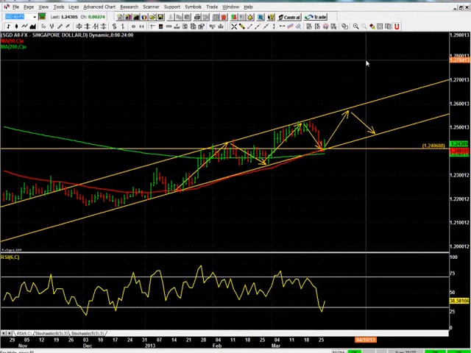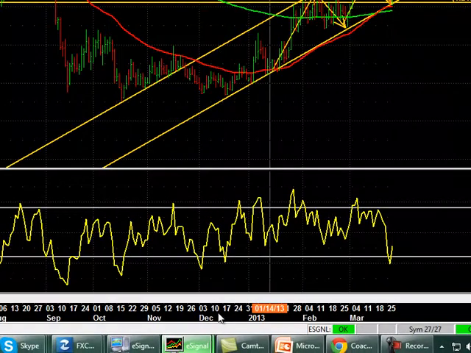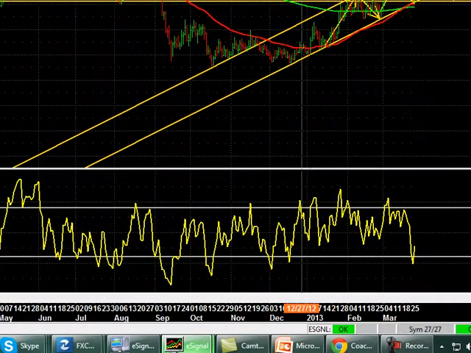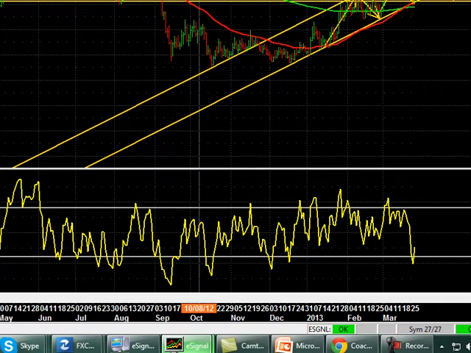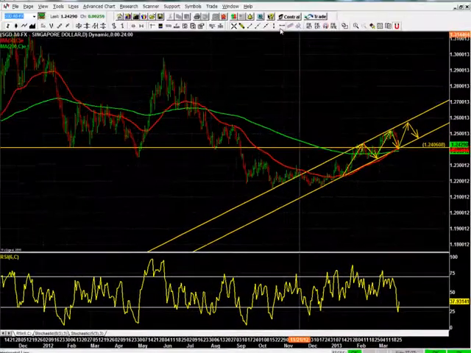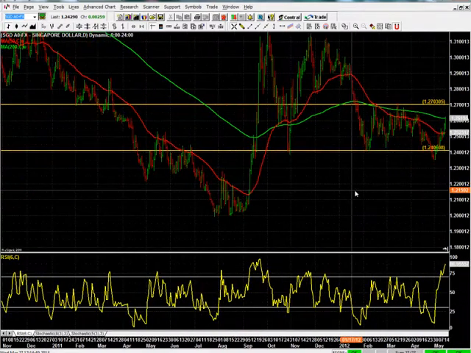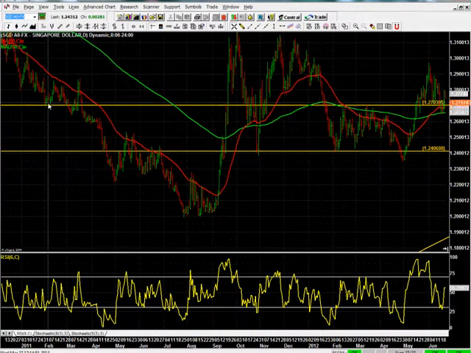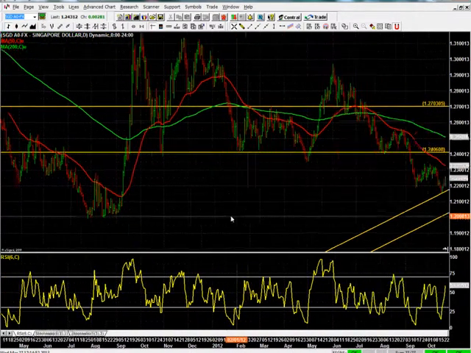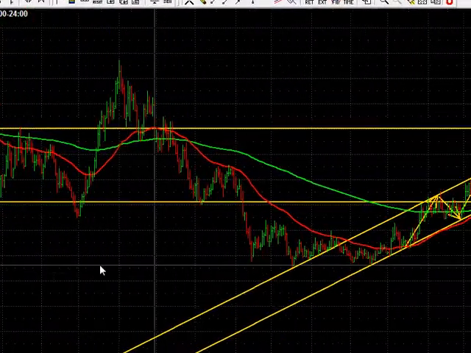Right, so now let's try and put some other horizontal levels. Let's say there is one up here. There is a level there, support, resistance, right?